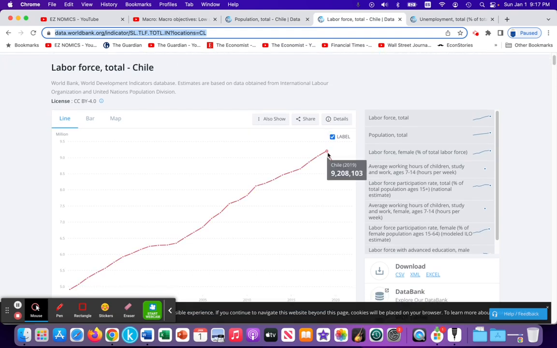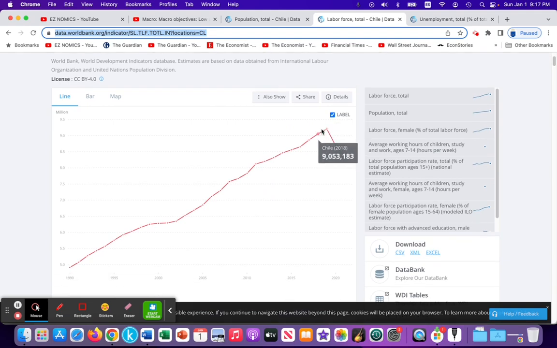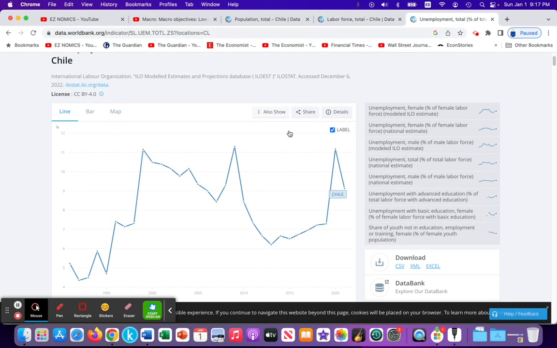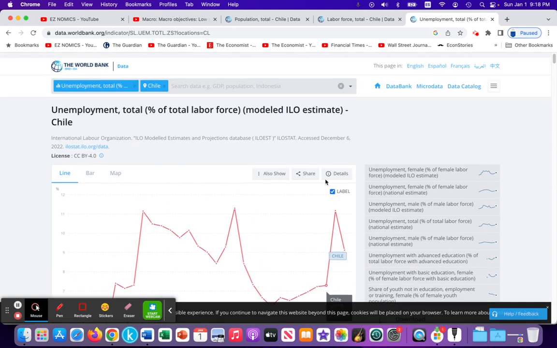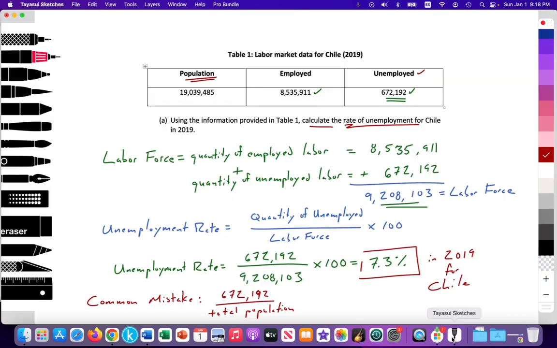Here, the labor force was 9,208,103. This is prior to the impact of COVID. So you can see that the labor force is increasing over time, and then COVID, it drops. And then here we have unemployment provided by the World Bank over time, this fluctuation. And prior to COVID, it was 7.3%. So I used that data just to create this question.